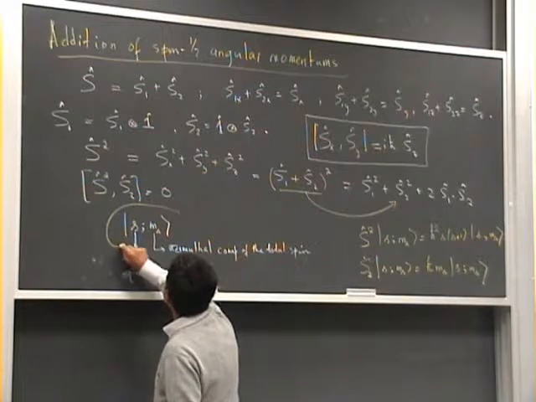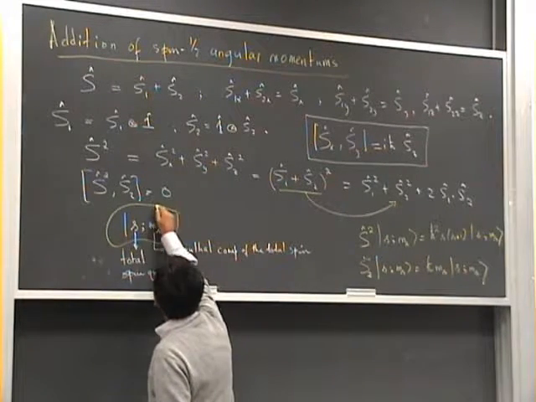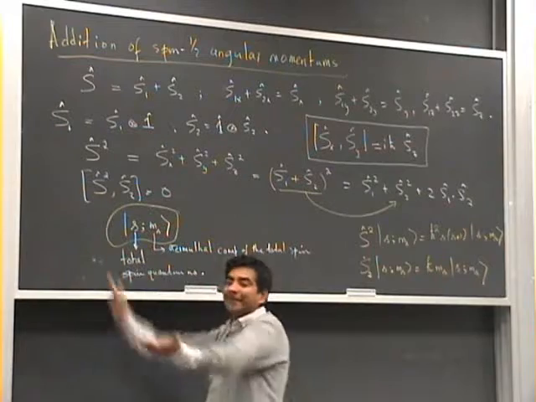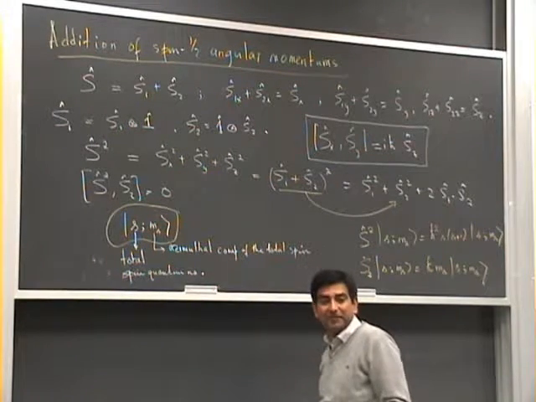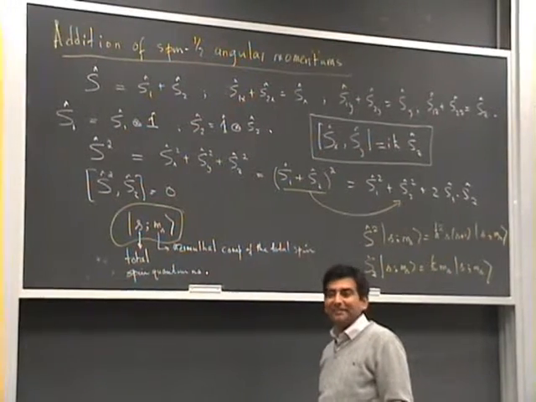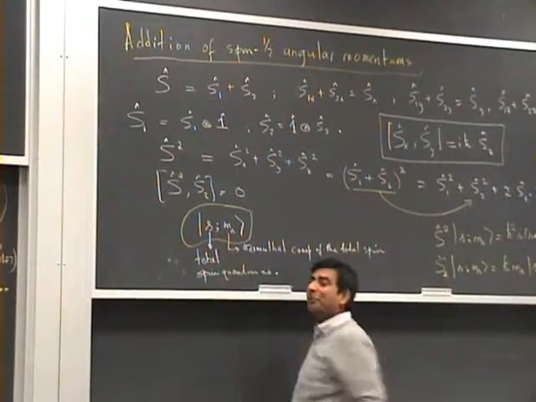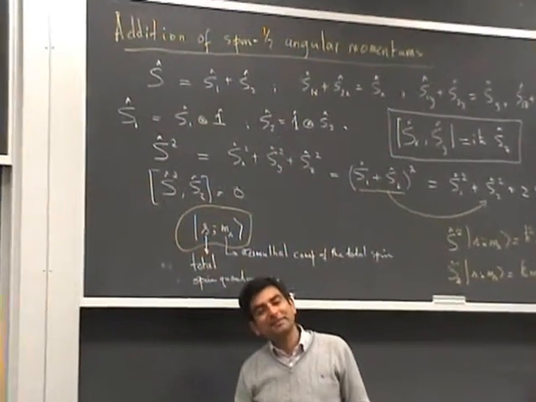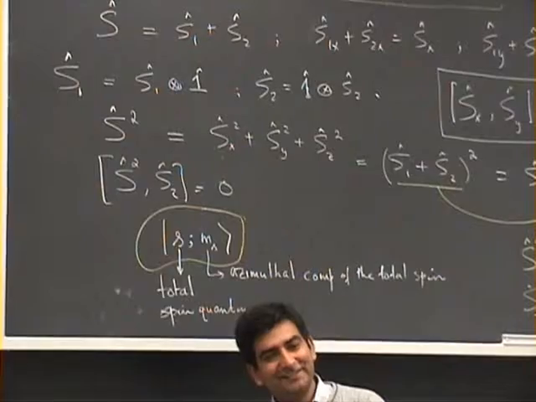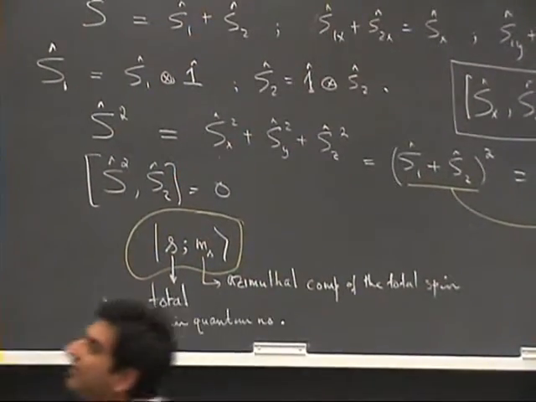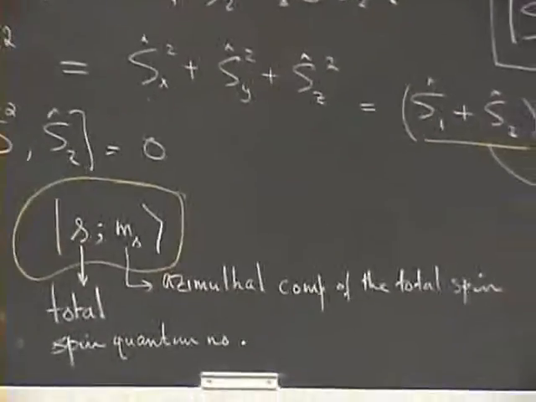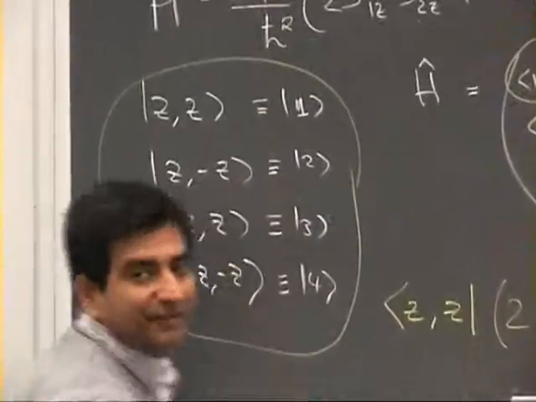Now what I would like to find out are these joint eigenstates. So these states must also live in the 4-dimensional Hilbert space. Correct? So these states must also be representable in, for example, this basis. This is a choice of a basis.